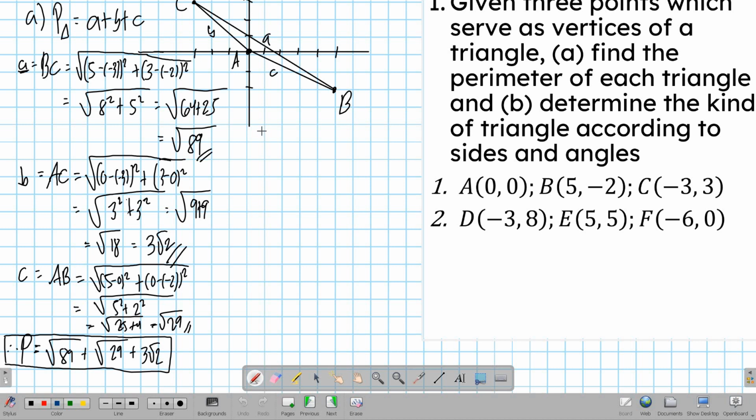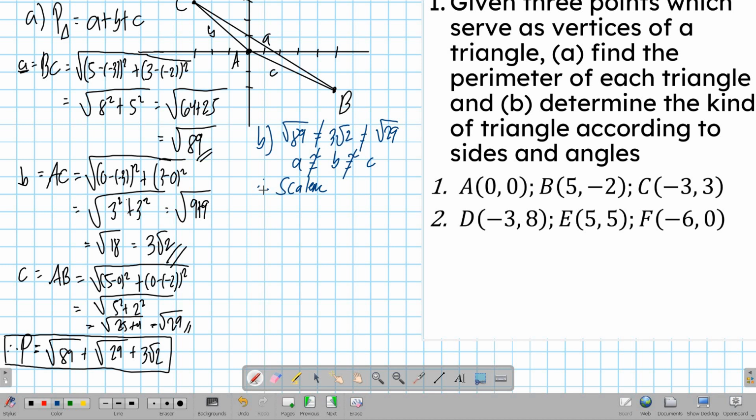Therefore, we can classify that since square root of 89 is not equal to 3 square root of 2, which is also not equal to square root of 29, we can say that side A is not congruent, yun yung symbol na congruent, to side B, which is also not congruent to side C. Therefore, the triangle is said to be scalene, kasi no sides congruent.